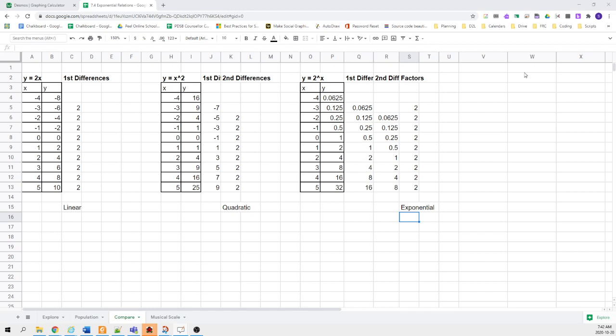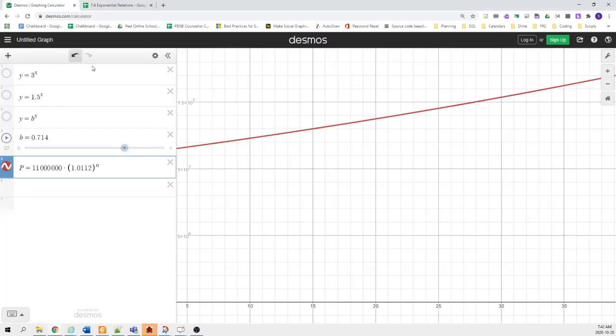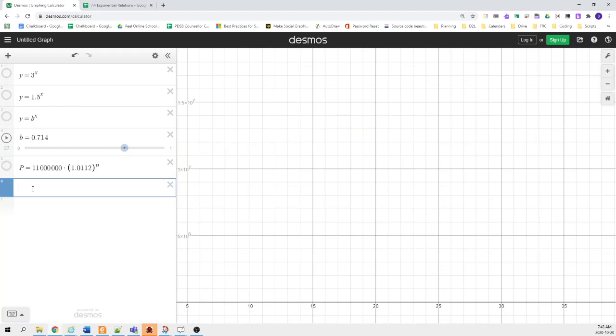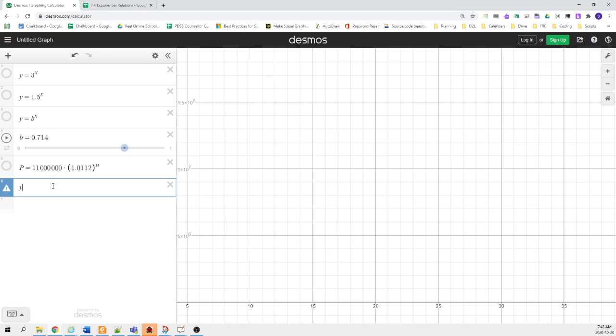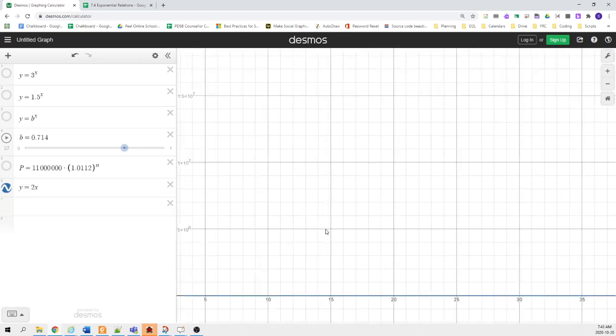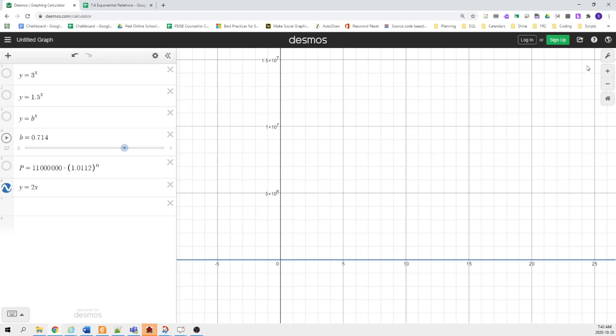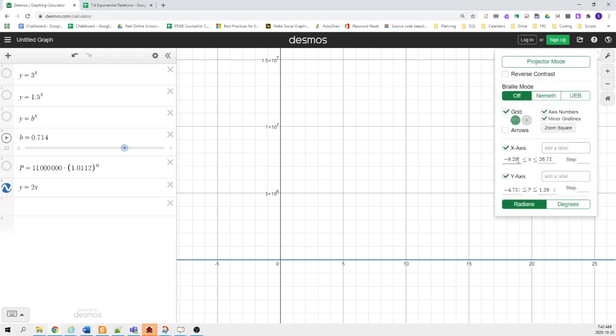So let's take a look at the graphs of these now. So I'm going to have to reset my axes here.